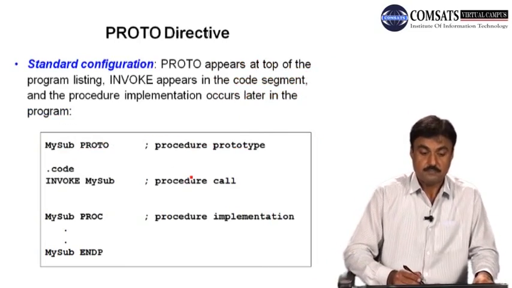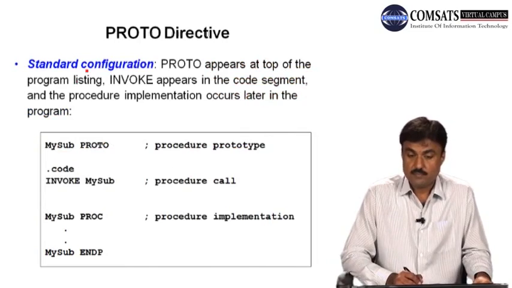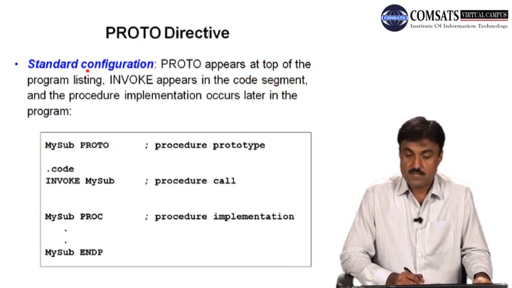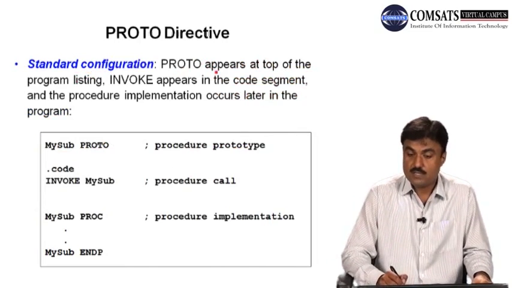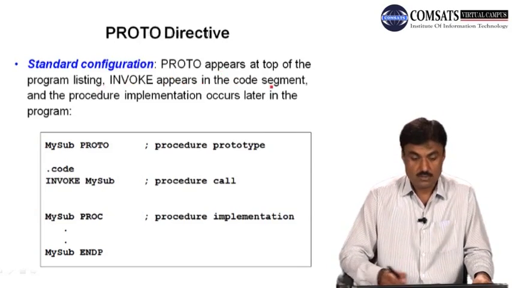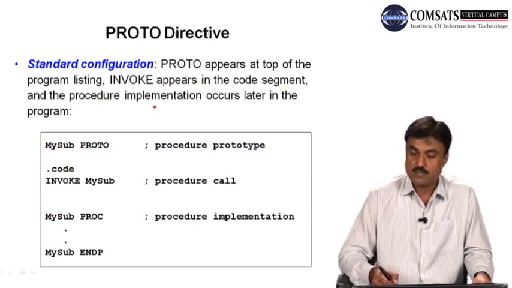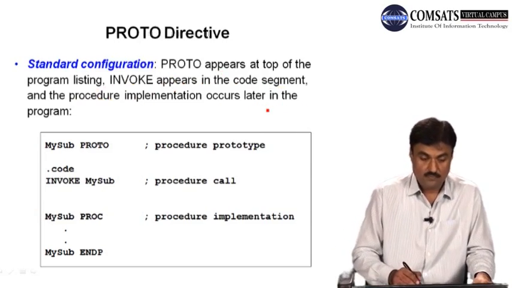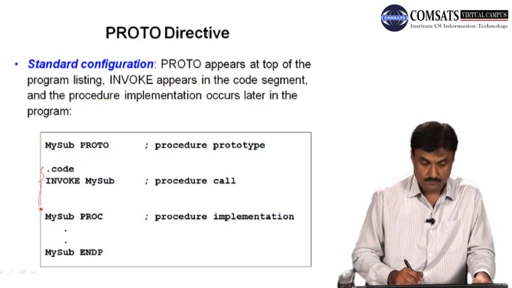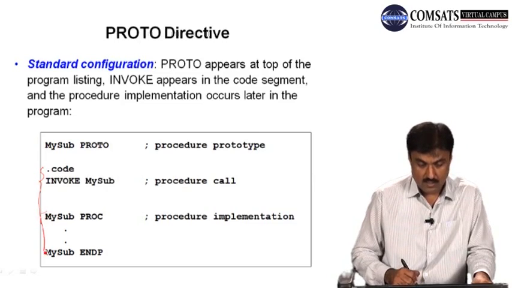So here you can see the prototype directive. There is some standard configuration. PROTO appears at the top of the program listing, INVOKE appears in the code segment, and the procedure implementation occurs later in the program. So this is the code area, and here is the my sub area, the procedure area.